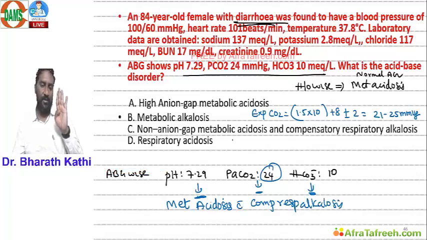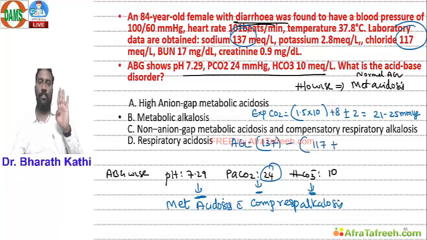Step number 4, calculate anion gap. Anion gap is sodium 137 minus chloride 117 plus bicarbonate 10. 137 minus 127 is 10. Put it together.